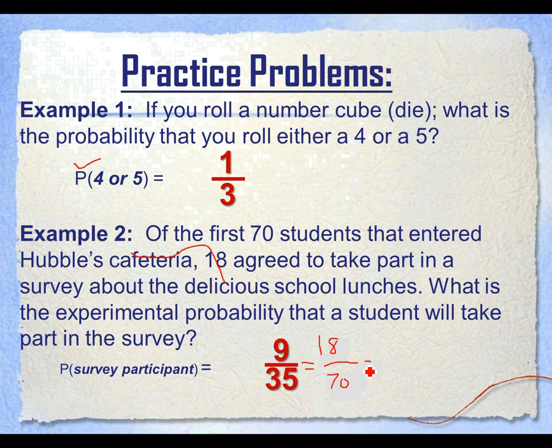I can do 27 out of 105. So those are all equivalent ratios. Those all equal each other. And I can keep going. I could put zeros on there. I can multiply by 10, you know, 90 out of 350. I would expect that number of people to take part in the survey. That's just how that goes.